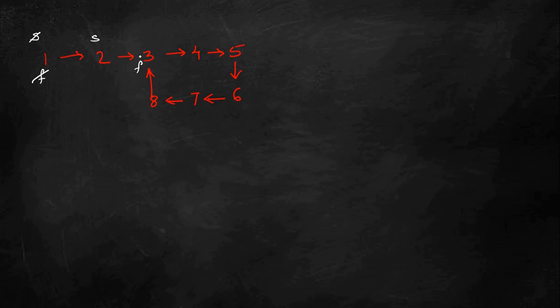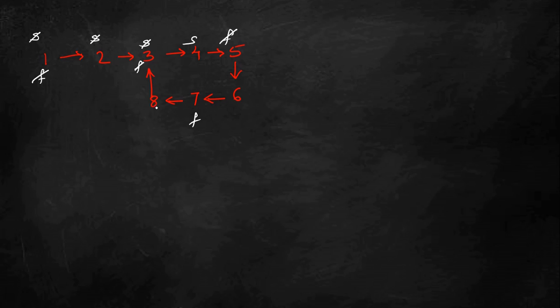Again, slow pointer will move 1 position, and at the same time fast pointer would have moved 2 positions. Then again fast pointer will move 2 positions, so it will come to this point, and slow will come to this point.